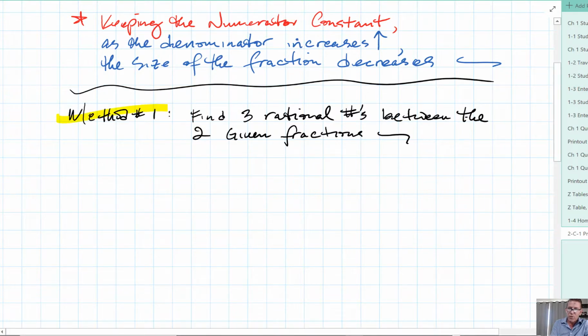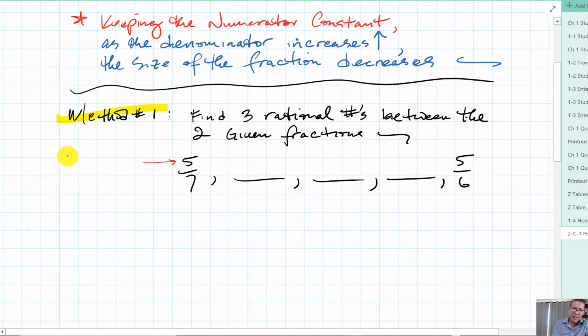Okay, so here we go. First method. Let's suppose we have 5/7, and you want to find 3 rational numbers between 5/7 and 5/6. So notice that the numerator is constant. Let me just make a little note here: numerator is constant.